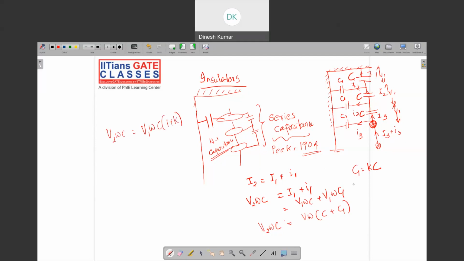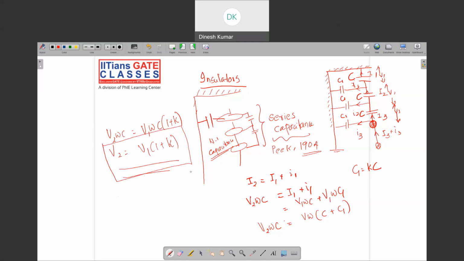Because C1 is basically K times C. So what we can see is V2 equal to V1 into 1 plus K, right? This is the first equation, right? So V2 is equal to V1 into 1 plus K.